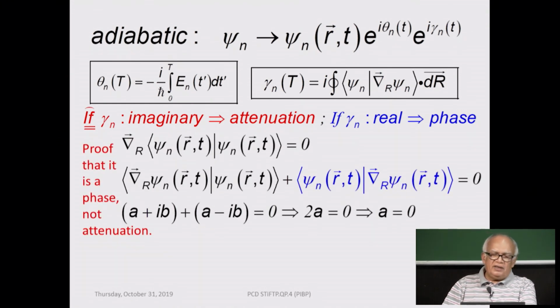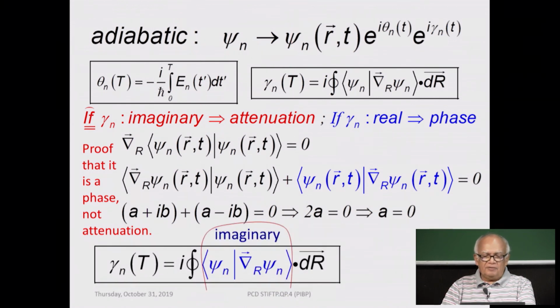You can do it by recognizing that the original functions are normalized. Okay? So, the gradient with respect to R of the norm must vanish, and now if you write it as two terms, you immediately see that the real part of this is 0, and therefore gamma itself would be a real number and therefore a phase factor.